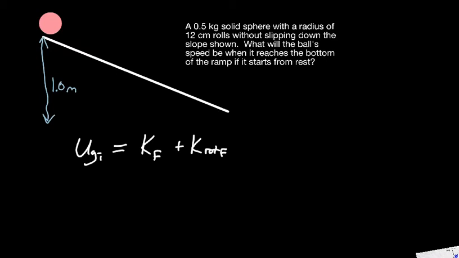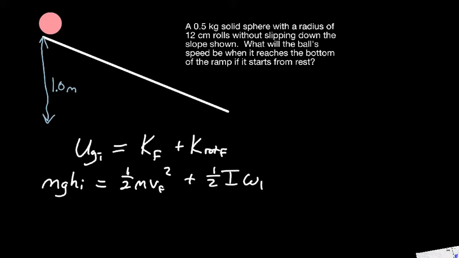And we can write expressions for each one of these. mgh initial, that's the starting gravitational potential energy. Kinetic energy is 1/2 mv final squared. And rotational kinetic energy is 1/2 I omega final squared.